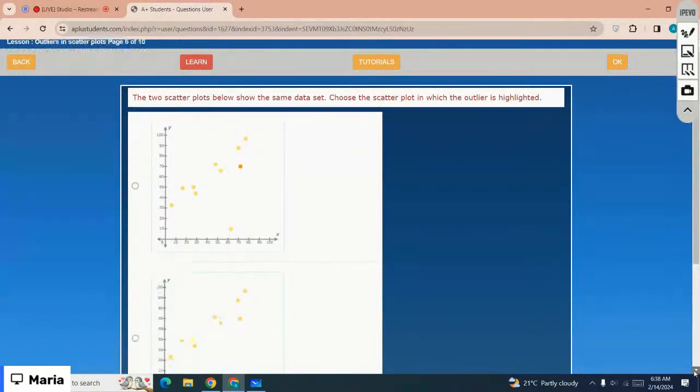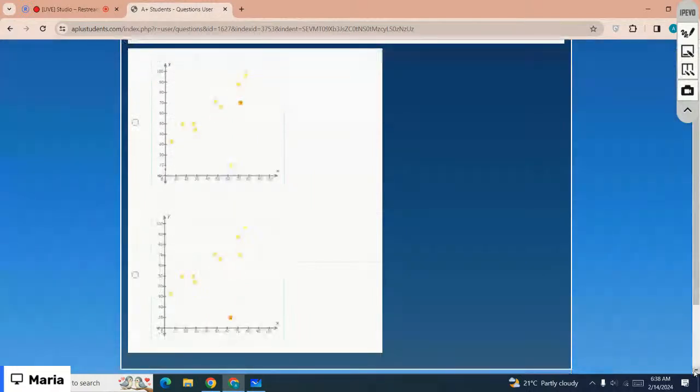Here are the scatter plots. Which is the correct option? That is the second one, right? Option number 2 is the correct option.